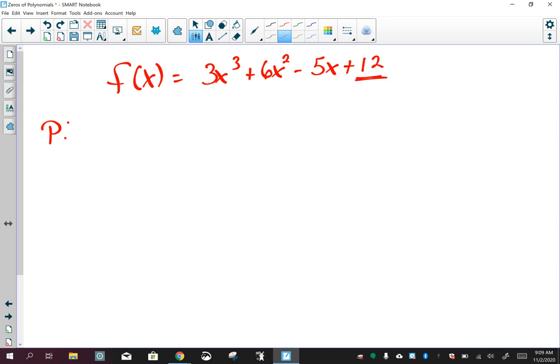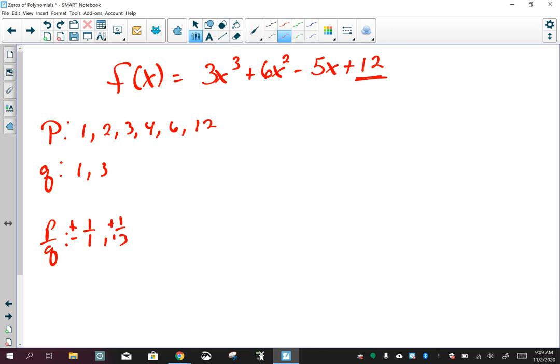So this is our P: 1, 2, 3, 4, 6, and 12. Our Q is simply 1 and 3. So when we generate our list, P divided by Q, we're going to start with this one. Go 1 over 1, 1 over 3.